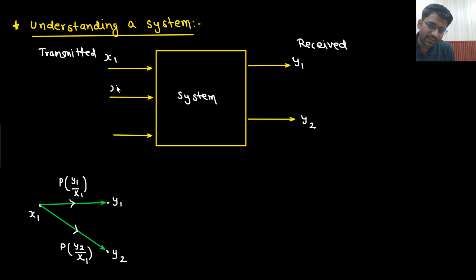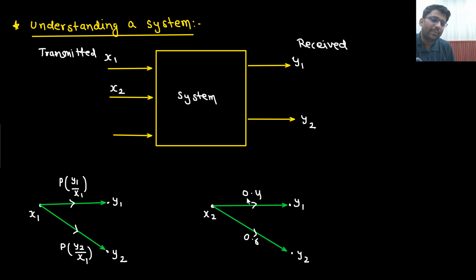Now I can transmit another signal which is x2. Okay, I can transmit some other input which is x2. So if I am transmitting x2, then again either I will receive y1 or I will receive y2. Let's just say I am receiving y1 here with the probability of 0.4, then y2 I will receive with the probability of 0.6.